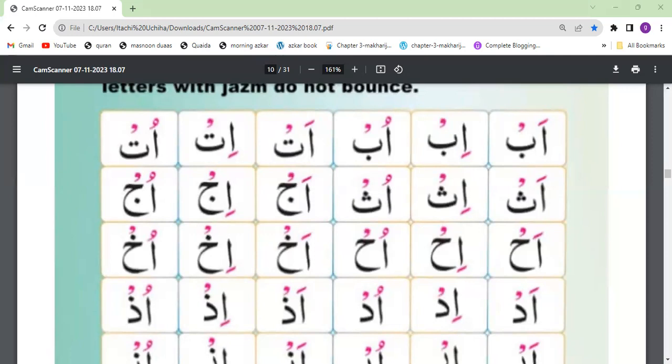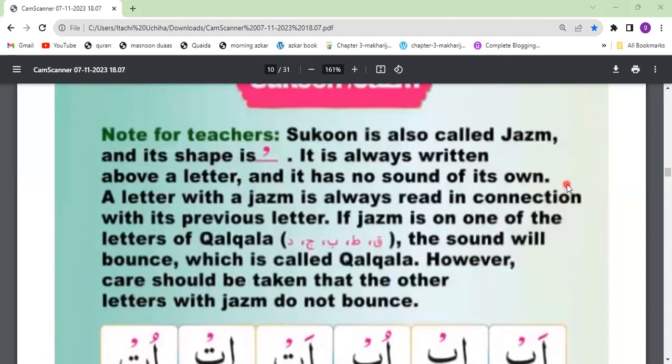So if you hear any sound that is with a jerking sound or a bouncing sound, it is basically called qalqala in Arabic. Okay, so let's move towards the definition to understand it first. It says if jism is on one of the letters of qalqala, the sound will bounce, which is called qalqala.